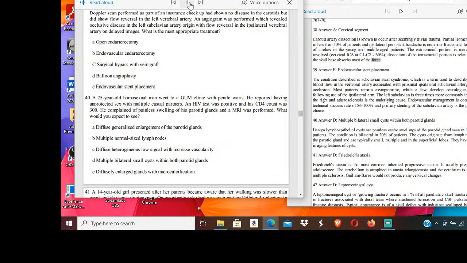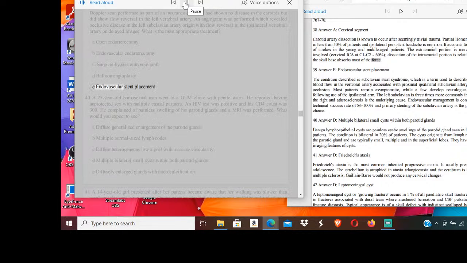C. Surgical bypass with vein graft. D. Balloon angioplasty. E. Endovascular stent placement.